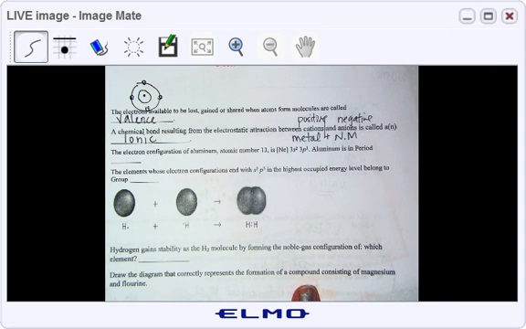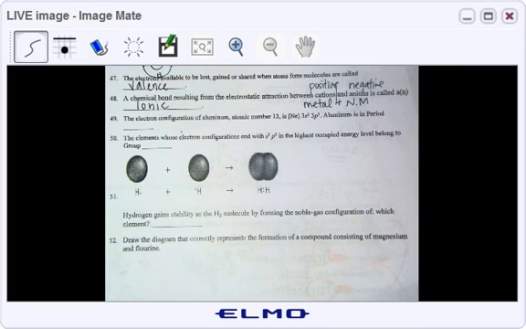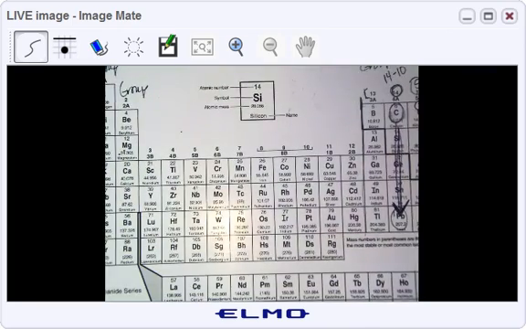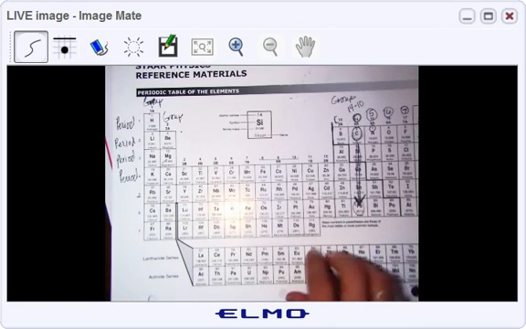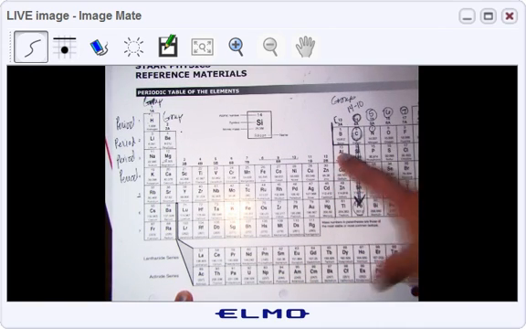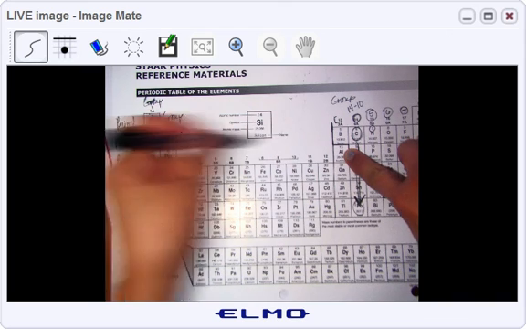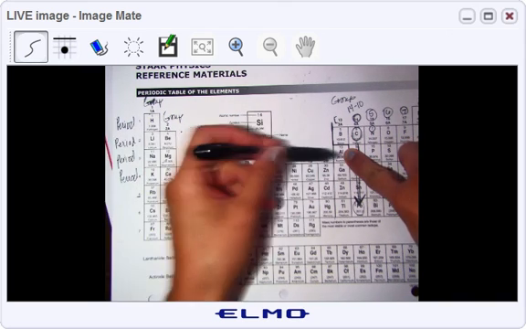49, the electron configuration for aluminum, atomic number 13, is in period, what period? So, what period is aluminum in? I'm going to look at my periodic table. I'm going to have to zoom out to get it. Where my finger is where aluminum is. Okay, right here. This is period 1, period 2, period 3.